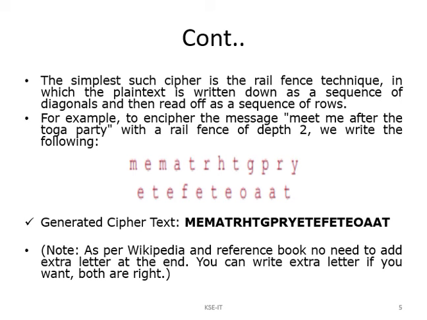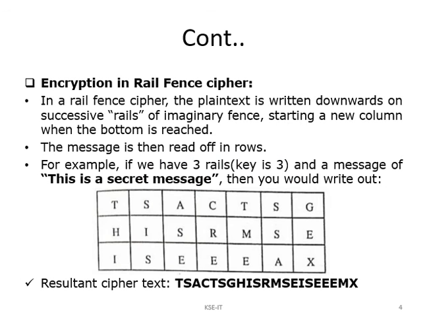If the key is 2, you have to make 2 rows. If the key value is given as 3, you have to make 3 rows. Here the key value is 2, that is why we are making 2 rows. And for the previous example, the key value is 3, that is why we made 3 rows for writing the message.